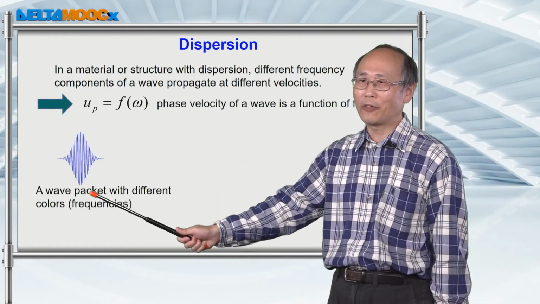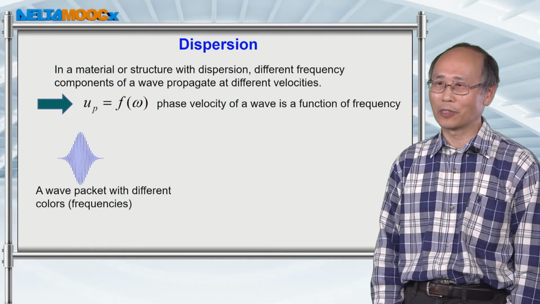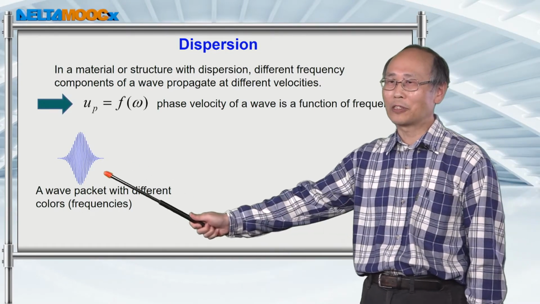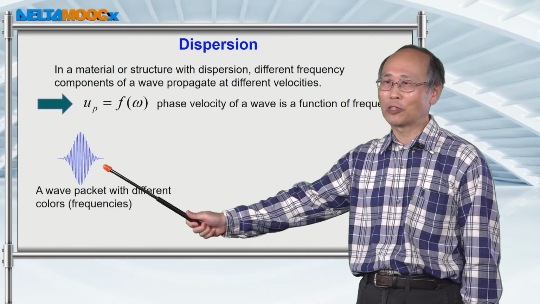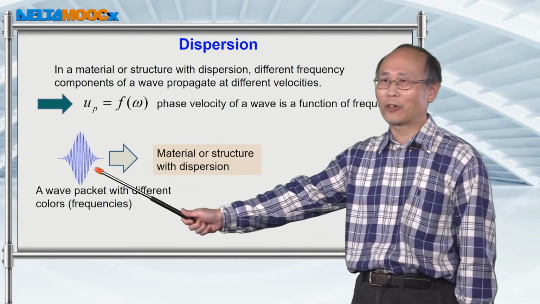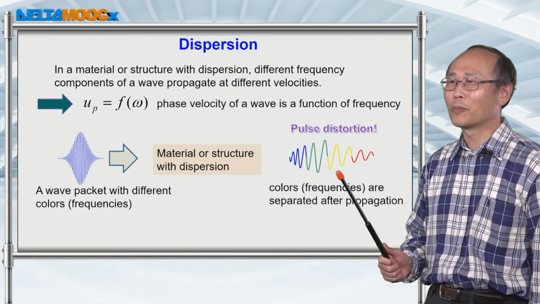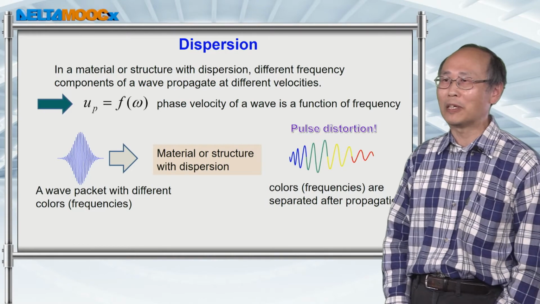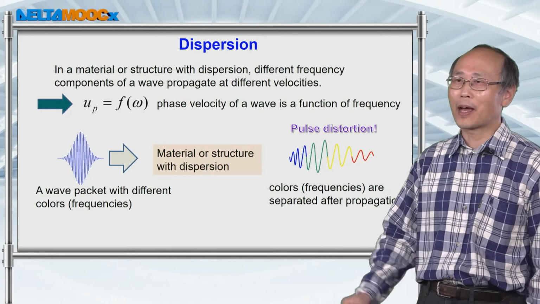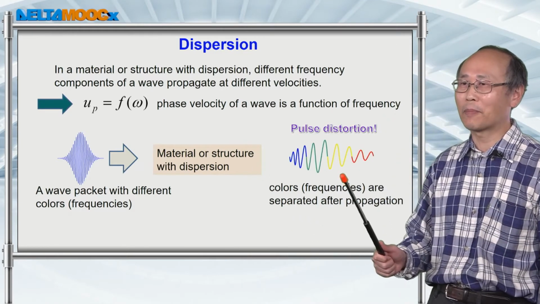For example, if you have a pulse that consists of different frequency components, and you propagate this signal pulse into a dispersive system, different frequency components denoted by different color here will be propagating at different speed. So this means that not all the frequency components will be arriving at the same time.